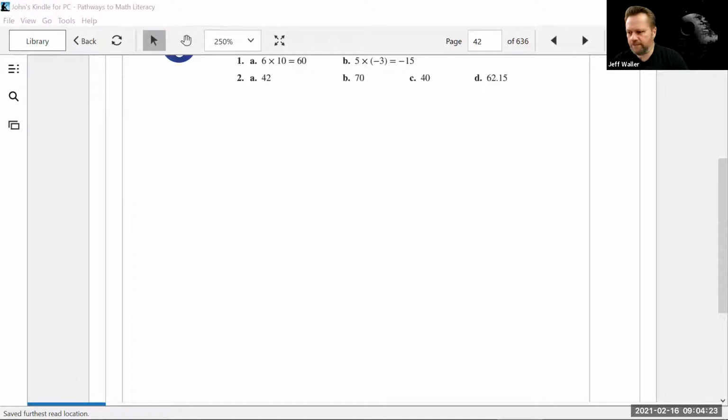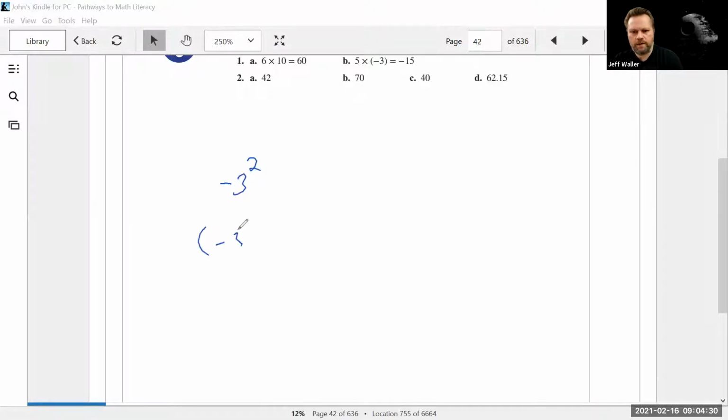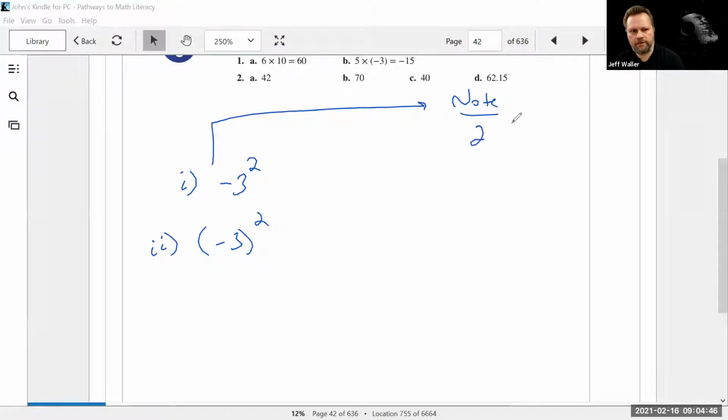So let's take a look at this. There is a difference between this problem and this problem. Those are different. Let me start over here. Can somebody tell me what 2 times 3 squared is? 18.